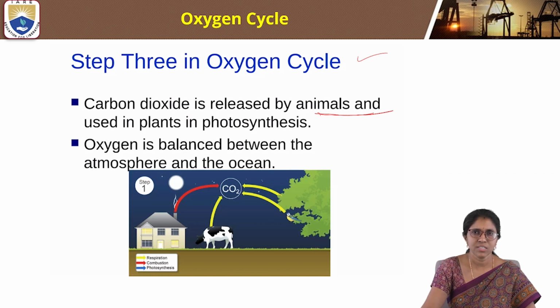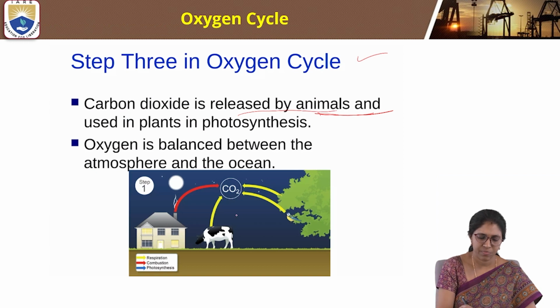Oxygen is balanced between the atmosphere and the ocean. In step 3 of the oxygen cycle, carbon dioxide is released by animals. First, plants produce oxygen, which is taken in by animals during respiration. These animals release carbon dioxide, which is again useful for plants in the photosynthesis process.